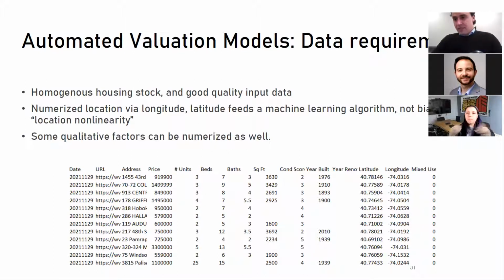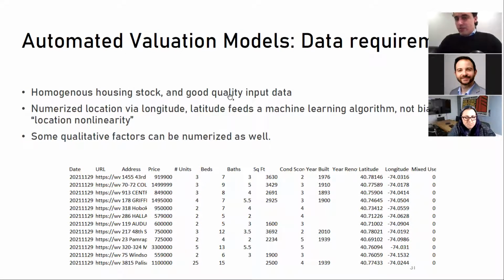And then that's where some of those better machine learning algorithms come to help, and where AVMs got better, because of this location nonlinearity. If you have a very rough neighborhood and right next to it an amazing neighborhood, and then next to the amazing neighborhood maybe another rough neighborhood, etc. It's non-linearly distributed, which is generally the case for location.